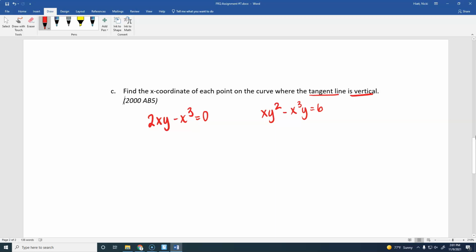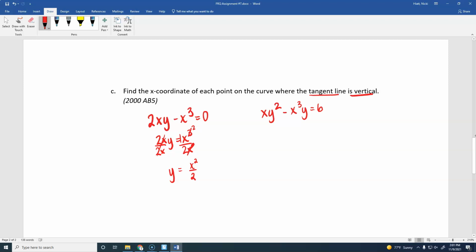Okay, so we could solve for y right here. So 2xy would equal x cubed. We'd have to divide both sides by 2x. So y would, this is like it's a 1 right here, so one of these x's is going to cancel. So we'll have x squared over 2.